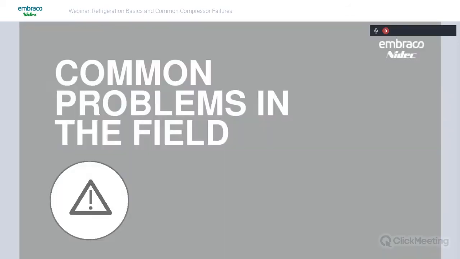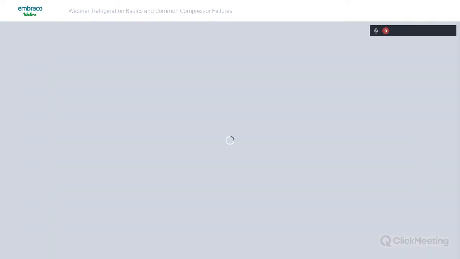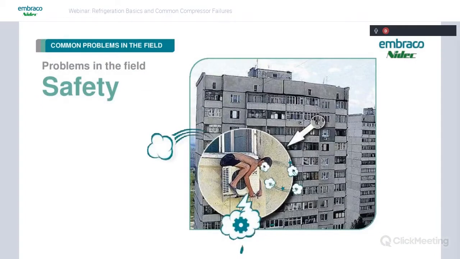So now I'll move on to some common problems you might see in the field. One of the problems in the field that we like to talk about is safety. People doing things in the field that aren't taking into consideration their personal safety or also the safety of others around them.